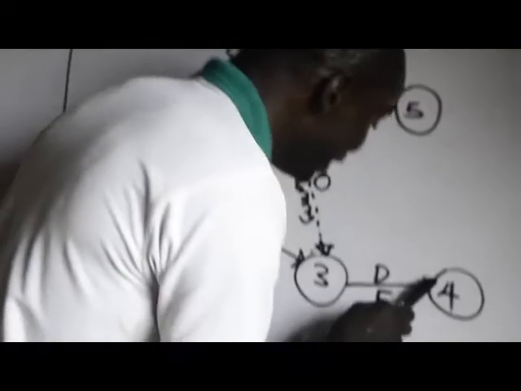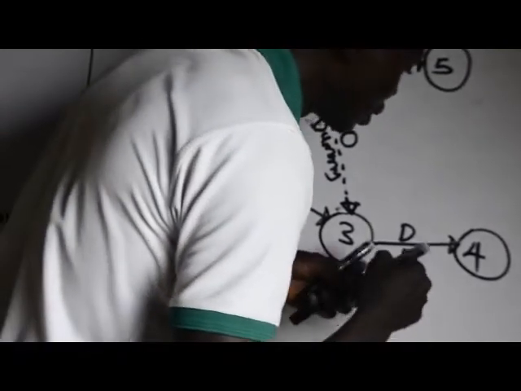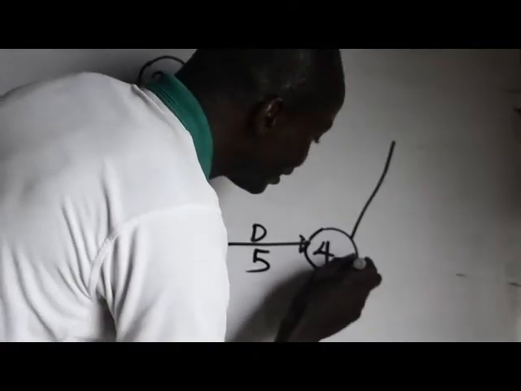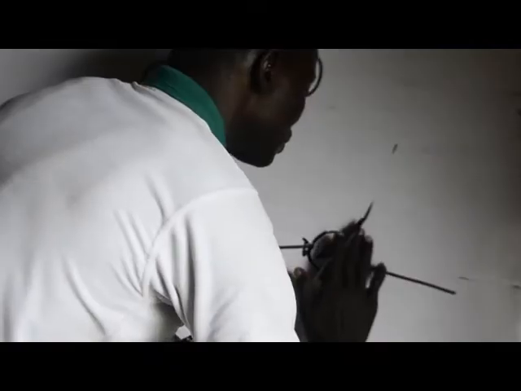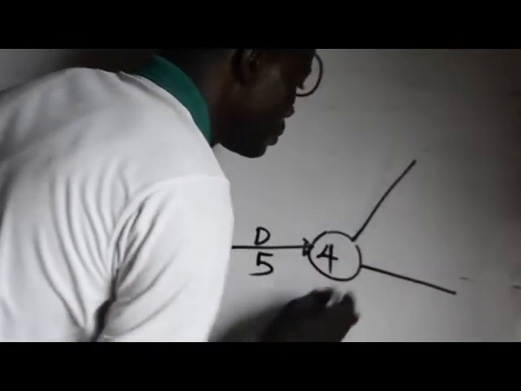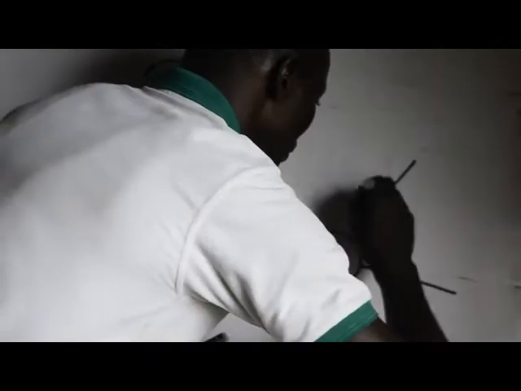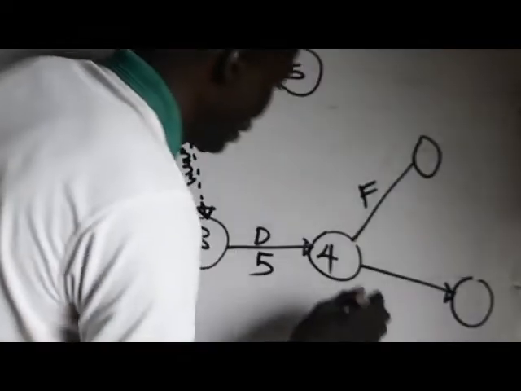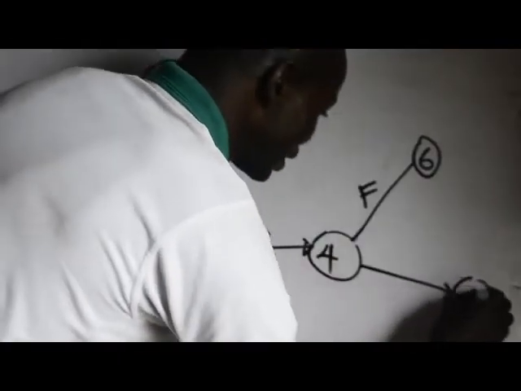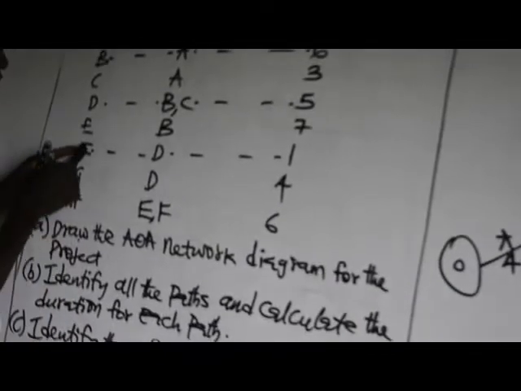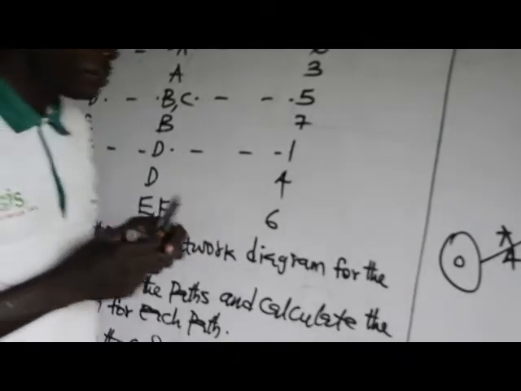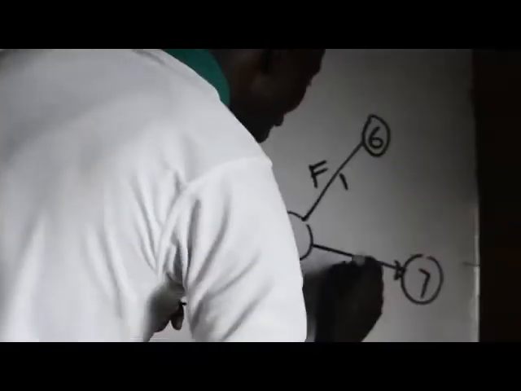This is activity D. So we now have F and G, number 6 and number 7. And their respective durations: F, 1 week, and G, 4 weeks.